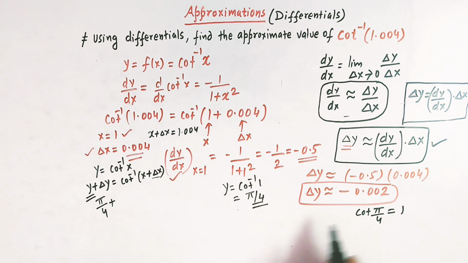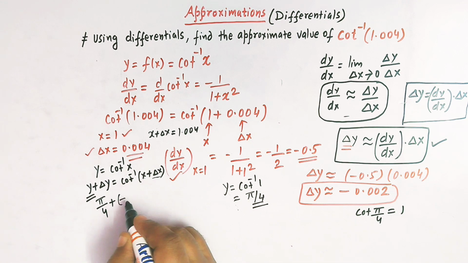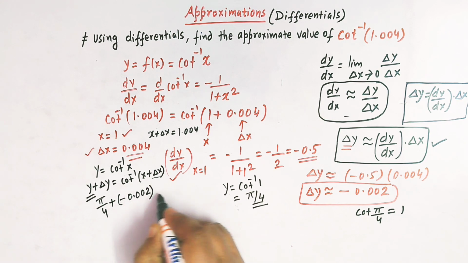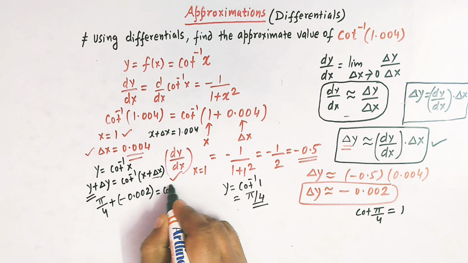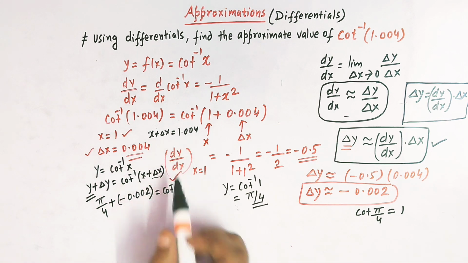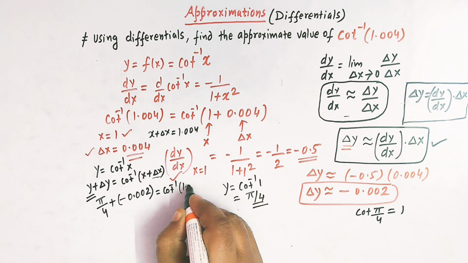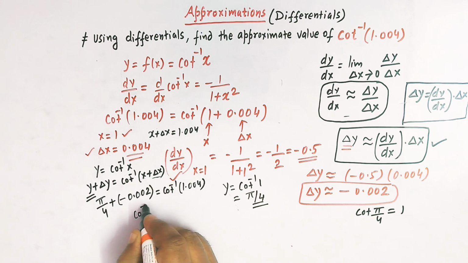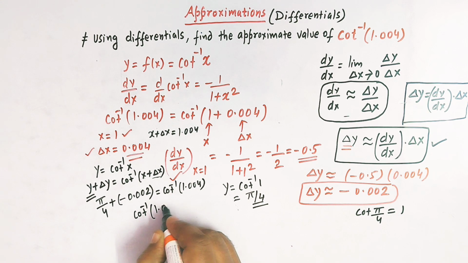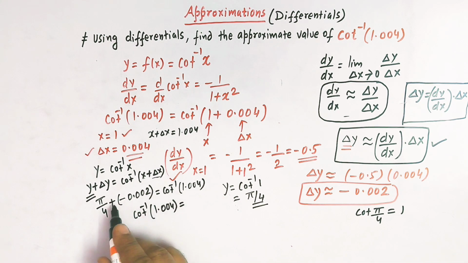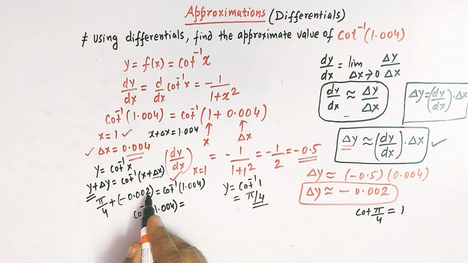For delta y we can write negative 0.002, and here we have cot inverse of x plus delta x, which is our 1.004. So cot inverse of 1.004 is equal to pi by 4 minus 0.002.